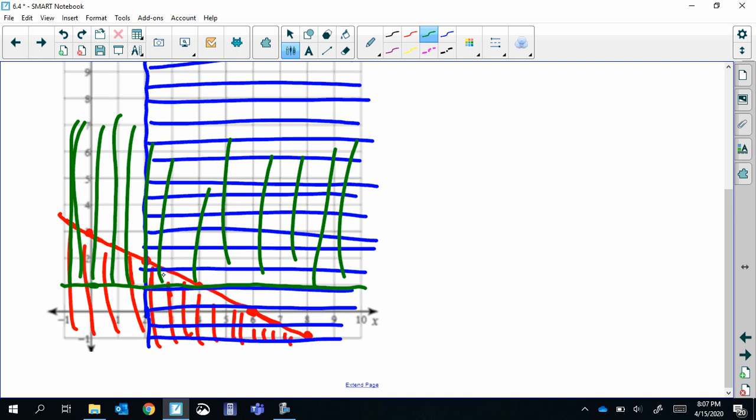So it has to be inside the blue, so to the right, above the green, so up, and below the red. So that's going to actually just be this region right here, that purple region right there.